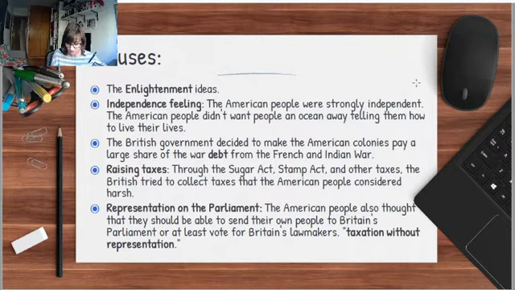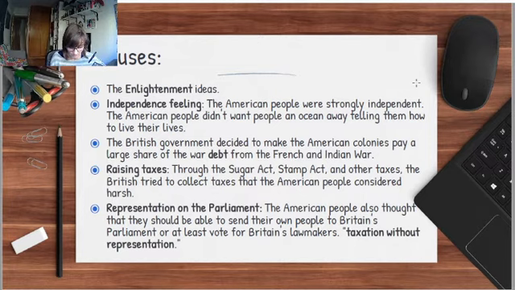Then the political factors. The American people were strongly independent. They didn't want people an ocean away telling them how to live their lives. Economic and social factors. By that time there was a wealthy colonial bourgeoisie who wanted the freedom to trade without the interference of Great Britain.